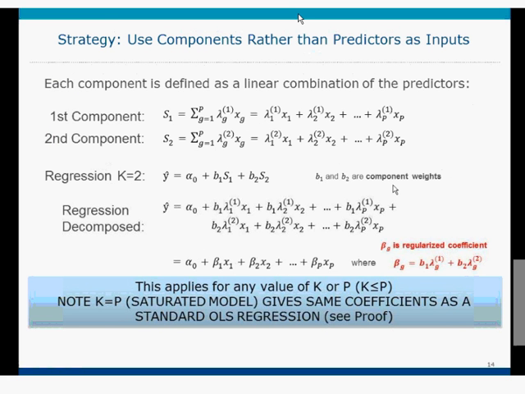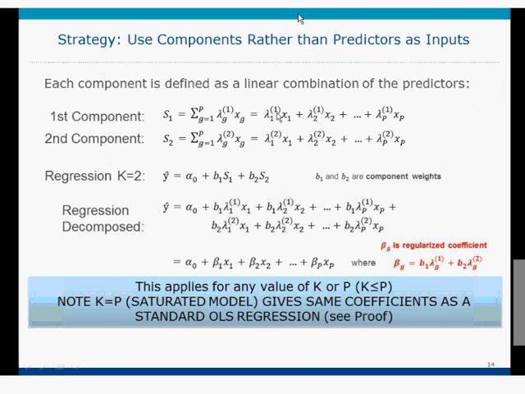So the basic idea of the component approaches, and we'll be talking about that for the remainder of this presentation, is that you use the components rather than the predictors as your inputs. Now, the first component, called S1, is just a linear combination of the predictors. I'm going to use lambdas to be the loadings for the predictors on the first component.